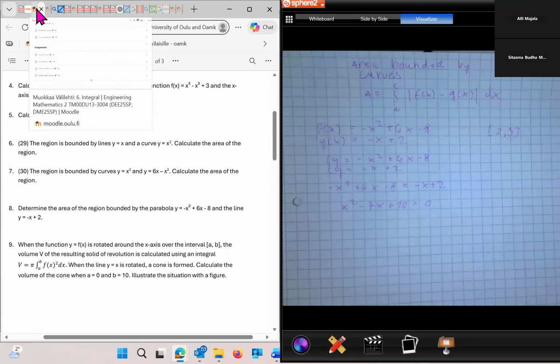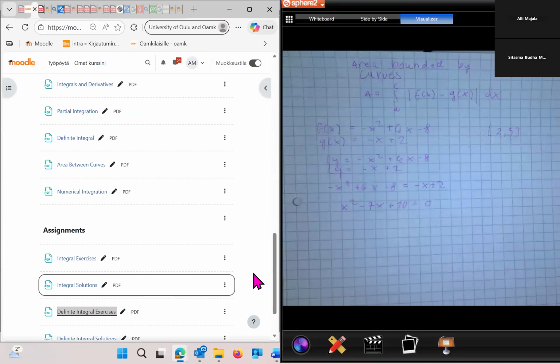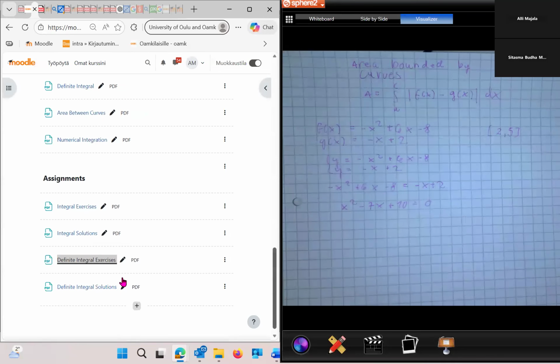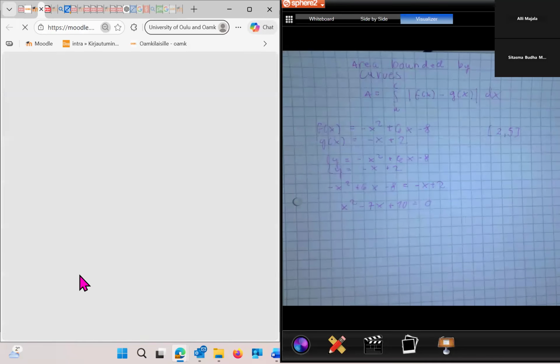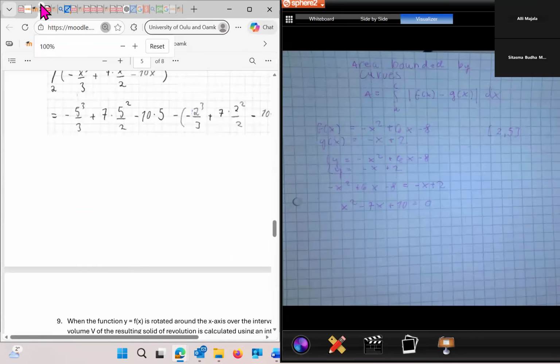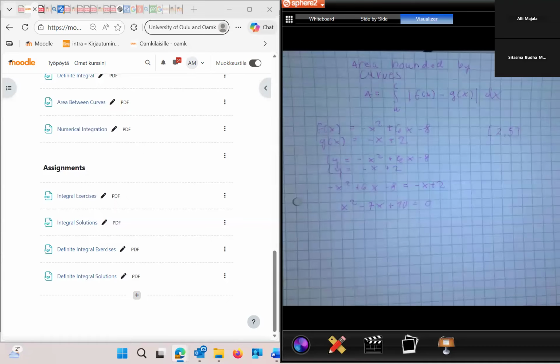And now, obviously, maybe I have to take also the previous solution so that I can check that I'm not calculating something stupid here. So these solutions are also here, and I will take them to my other screen, so that we don't waste time with me calculating everything wrong.